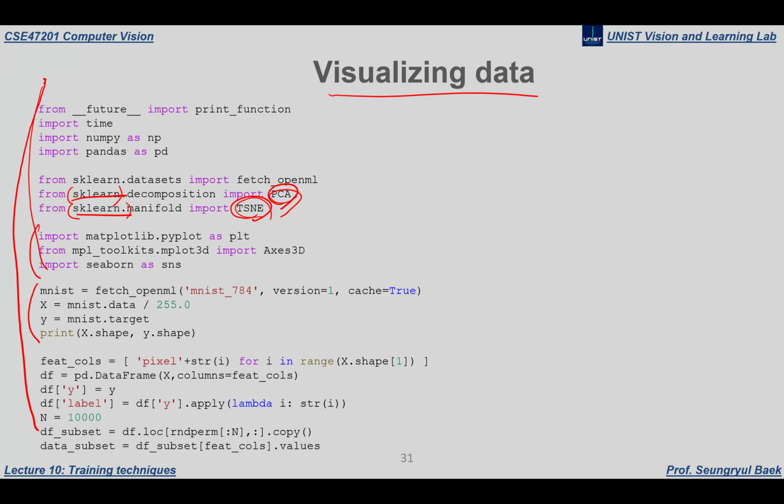And this is for opening the MNIST data. The high-dimensional features are retained here, and y are the labels, 10 class labels indicating the 0 to 9 handwritten digits. And you want to split the data here.